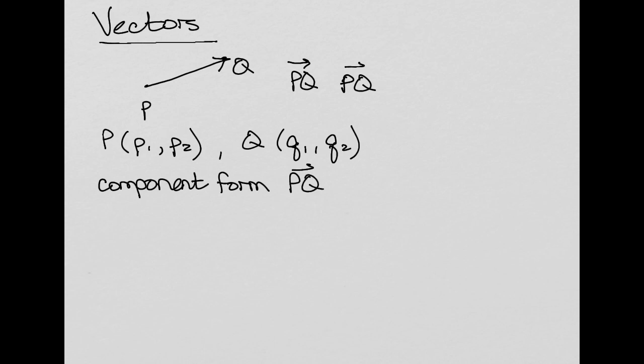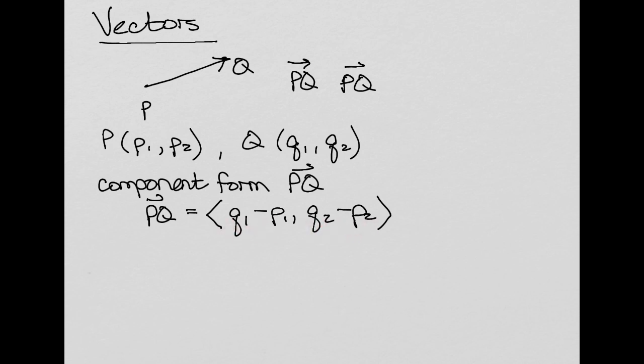I'm going to subtract the terminal point minus the initial point, the end minus the beginning, and I'm going to put that in, I like to call them pointy brackets. I have also heard them called chevrons. So I'm going to go the end minus the beginning. So the difference, essentially the difference of the x coordinates, the difference of the y coordinates.